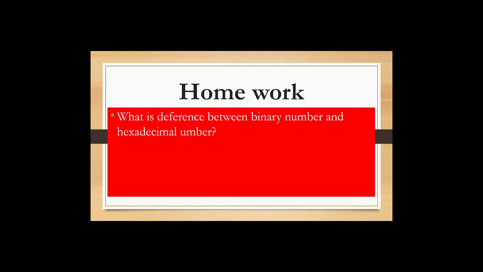And the hexadecimal number is a number system based on letters and numbers. The numbers start from 0 to 9, and the letters start from A to F, and every letter has a special value in the decimal number.